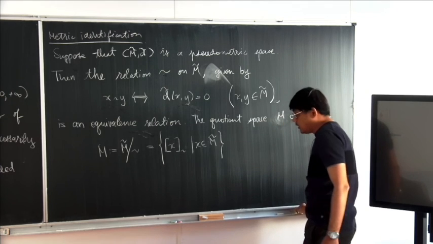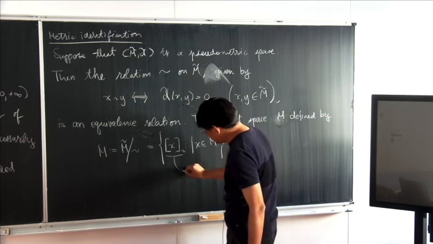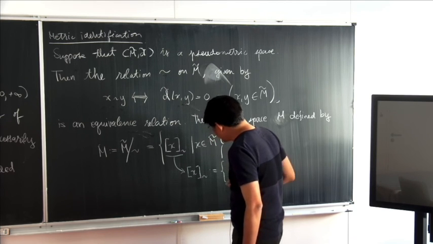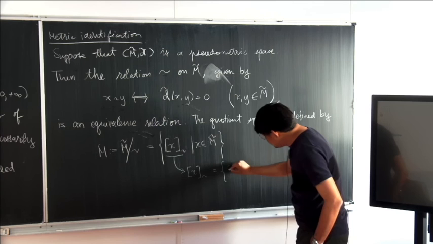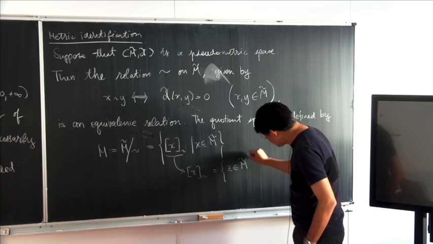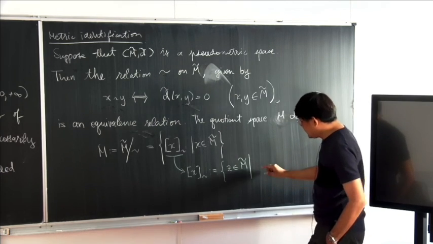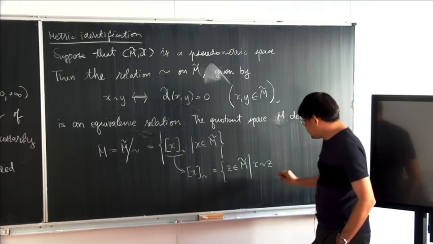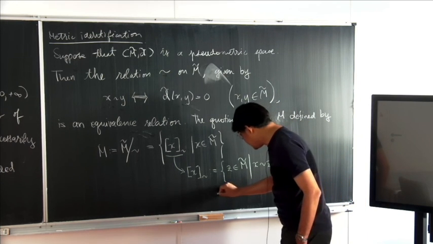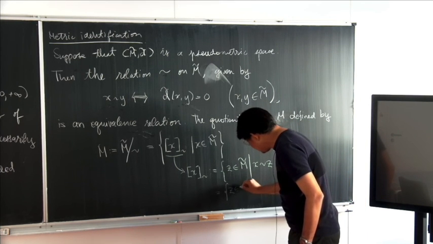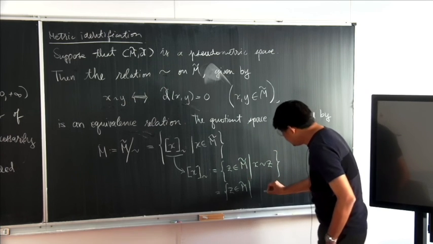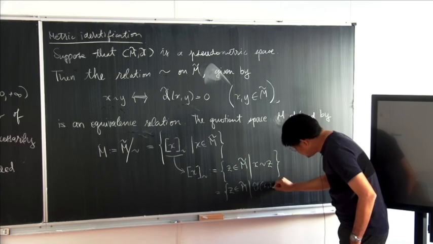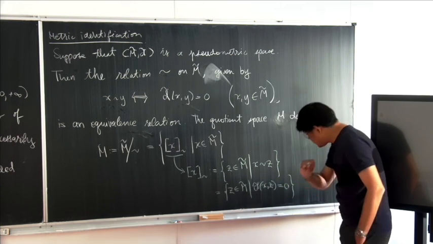Just to recall, this equivalence class is defined by the set containing all the points z such that x is similar to z. In other words, you have the point z in M tilt such that the pseudometric between x and z is 0.